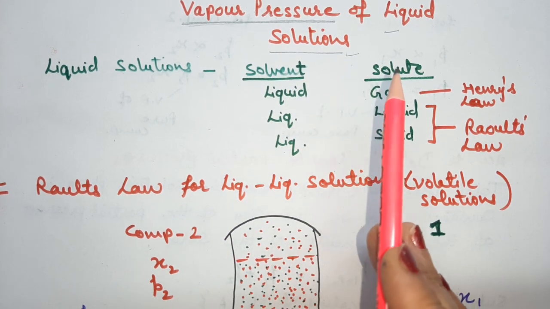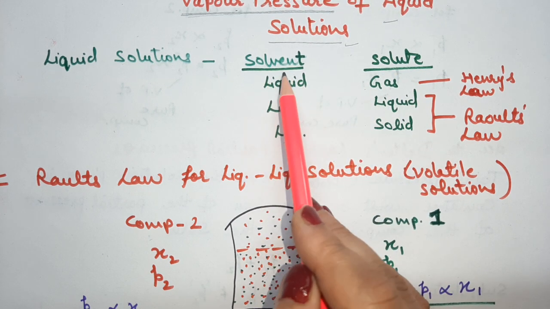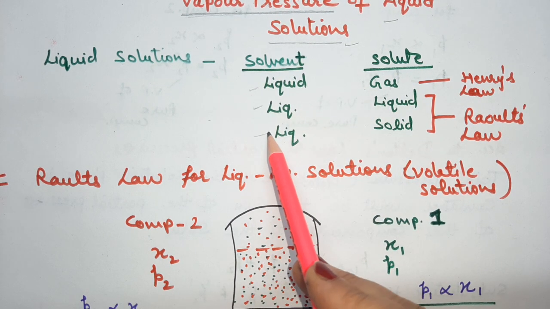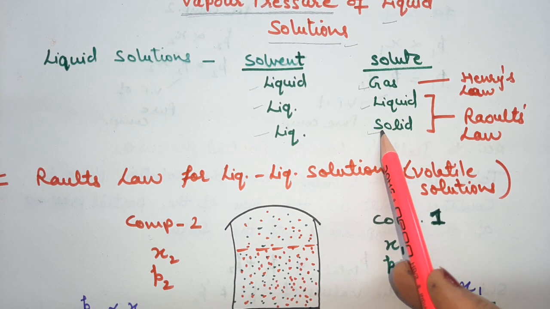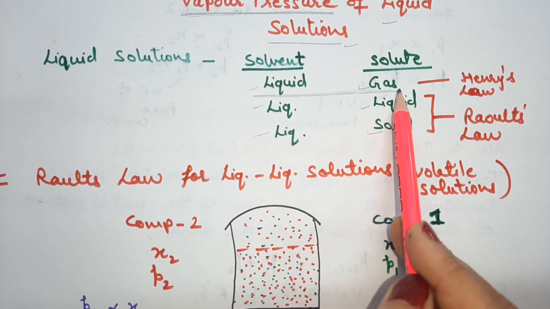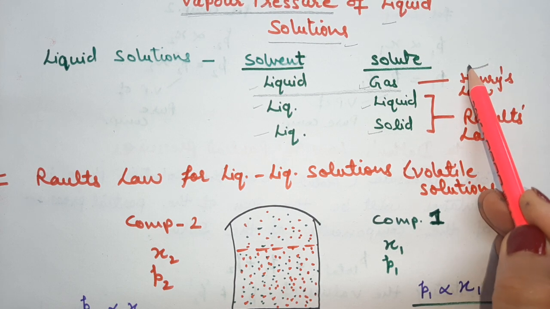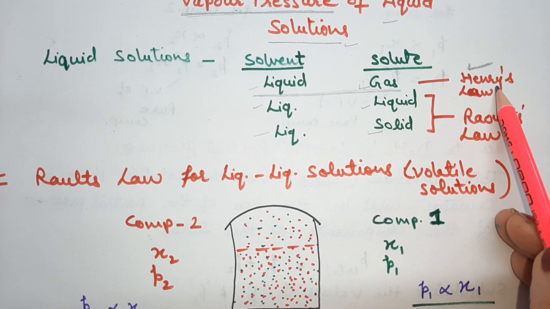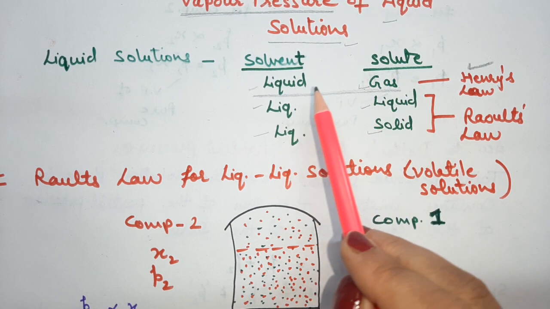You are also very much familiar with the meaning of liquid solutions, where we always have the solvent in the liquid form, and the solute can be in the gas, liquid or solid form. In the previous video we also discussed the solutions of gases in liquids, about which Henry's law gave the quantitative relationship between the mole fraction of gas dissolved and its partial pressure.